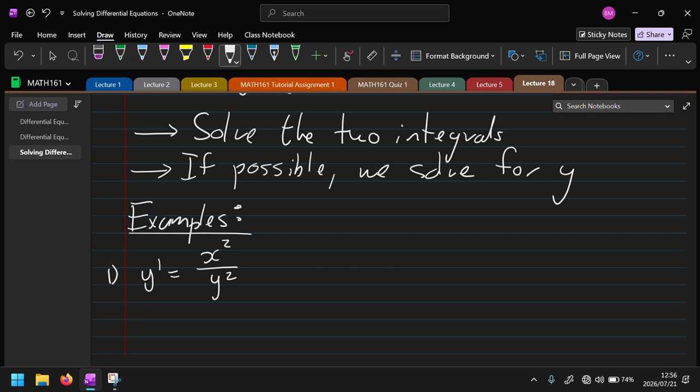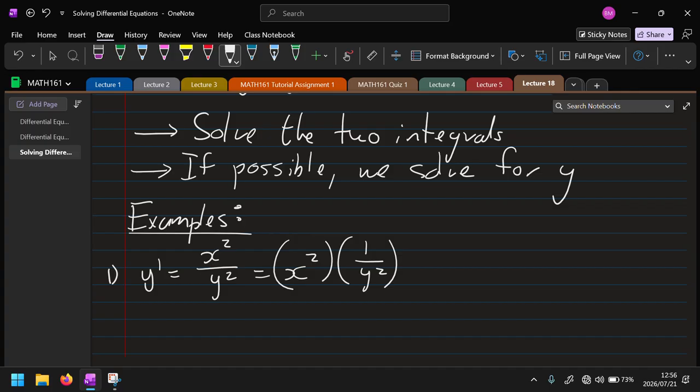Here, we know it's separable because it's under the section, but always think to yourself, you have to check before. So we look at this and ask ourselves, is this separable? Yes, it is, because we can split it up. We can write this as x squared as one term and 1 over y squared as another term.